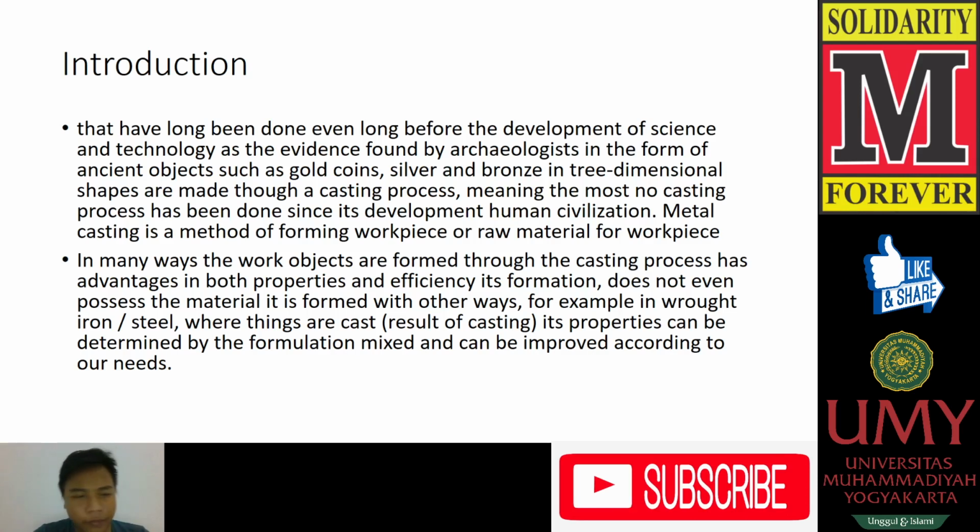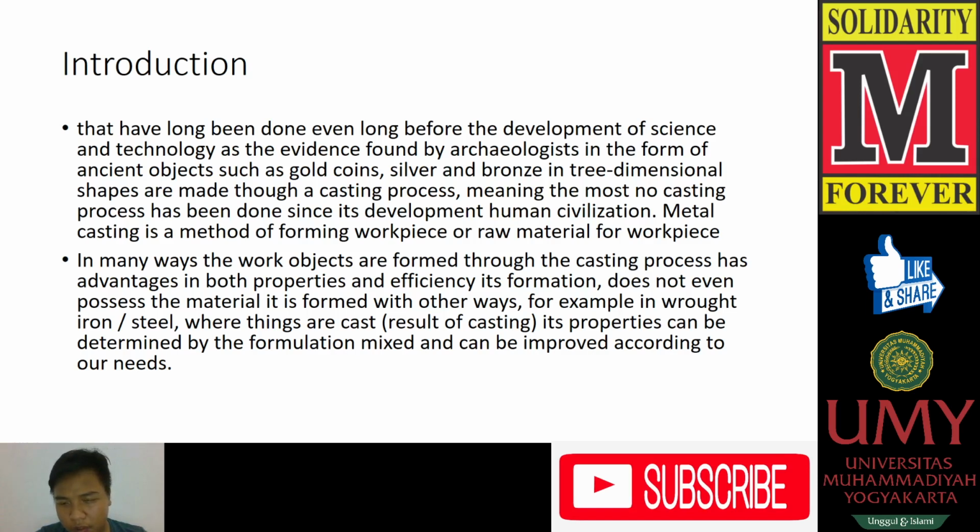civilization. Metal casting is a method of forming a workpiece or raw material for a workpiece. In many ways, work objects are formed through the casting process. It has advantages in both properties and efficiency.